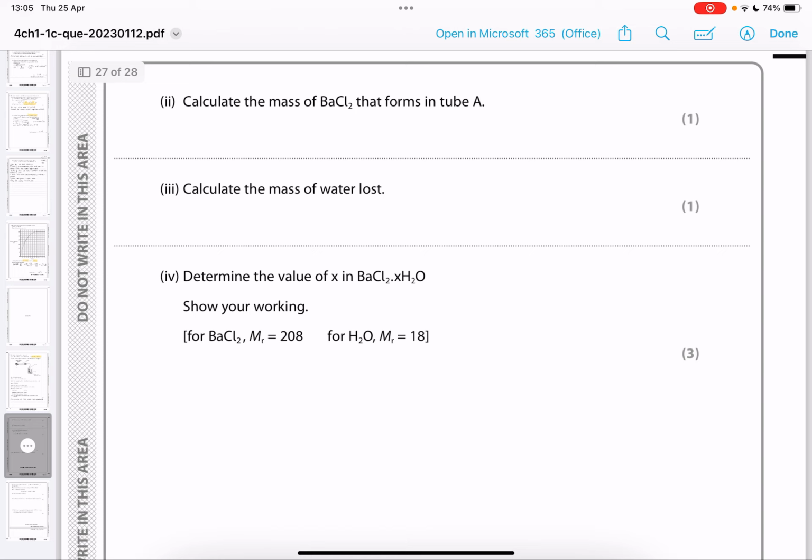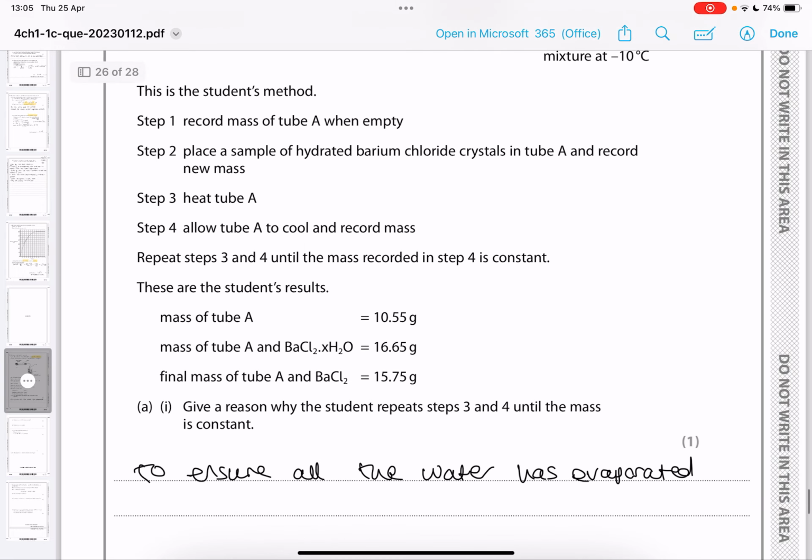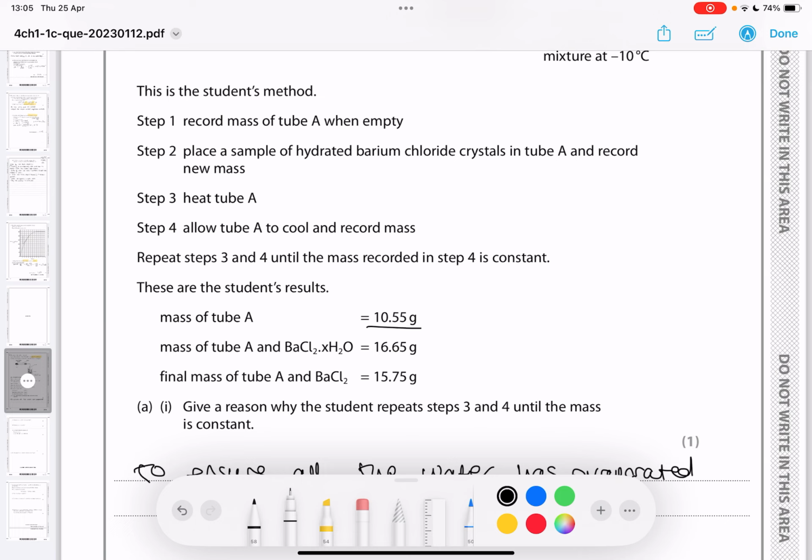Calculate the mass of barium chloride that forms in tube A. Okay, so the mass of barium chloride is going to be 15.75 minus 10.55, because as you can see here, this is the mass of tube A and then the final mass of tube A and barium chloride. So when you subtract this, you'll have just the mass of barium chloride remaining.